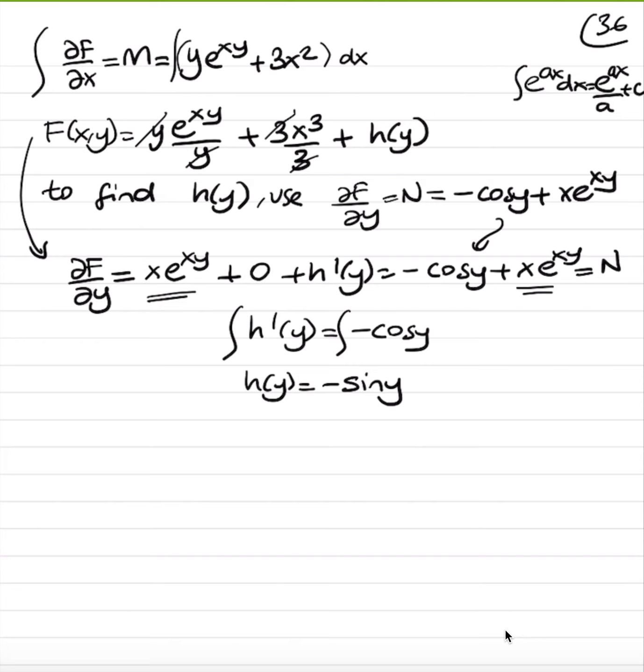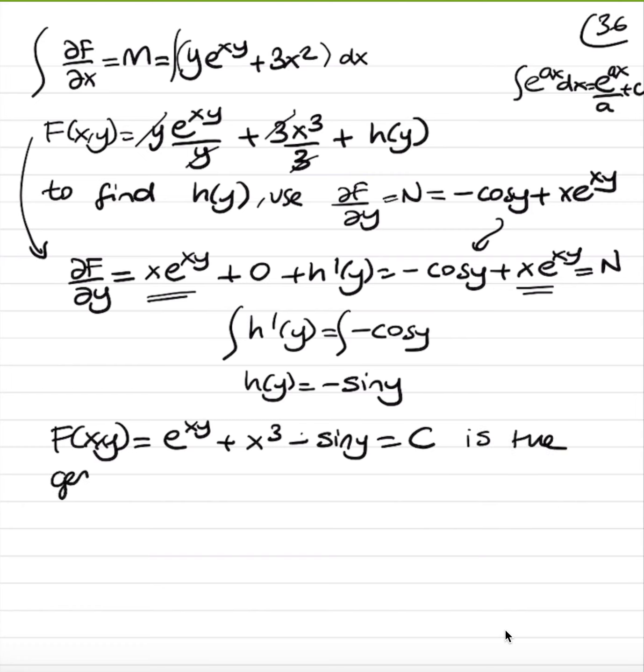So either you write plus c or take c as 0, because we are at the end. We will write it like this. F of xy is equal to e to the power xy plus x cubed minus sine y is equal to c, is the general solution of the given exact differential equation.